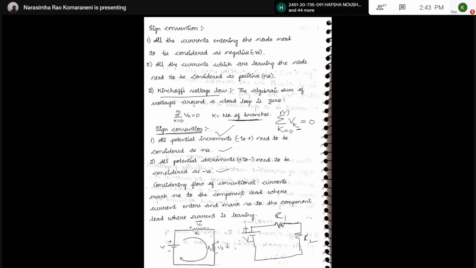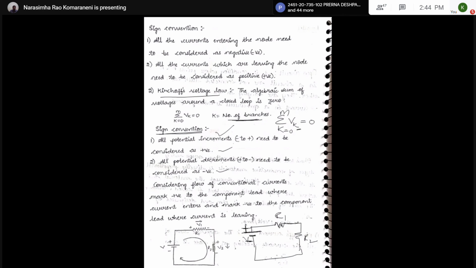Now, what do you mean by conventional current? Can anybody answer? Hello? It's the direction in which electrons go. Flow of electrons is nothing but the current. Conventional current is in the opposite direction of the electron movement.